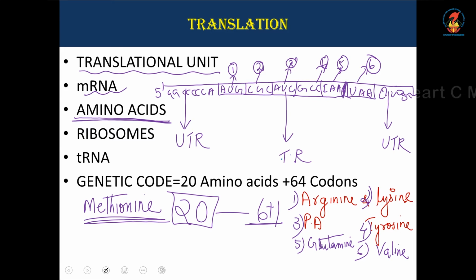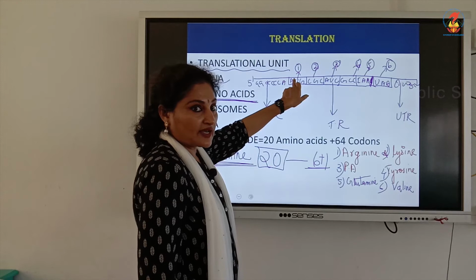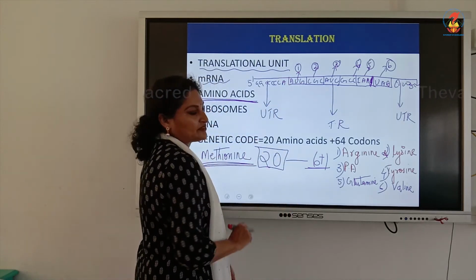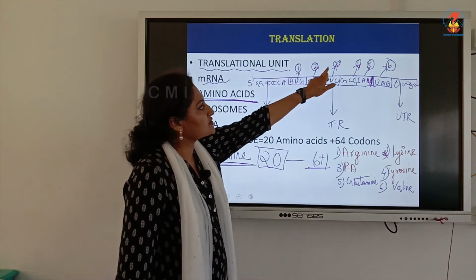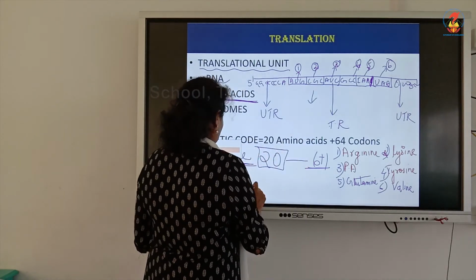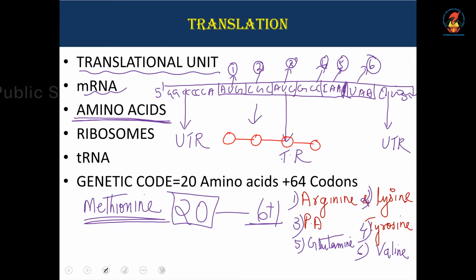is very important because, as I told you, the amino acid that has to come to AUG is methionine. So, this is the first amino acid that forms a protein chain. I told you this is going to form a protein chain, and I have represented the protein chain in the form of amino acids. See how many amino acids will be formed here? 1, 2, 3, 4, 5, 6, not 6.